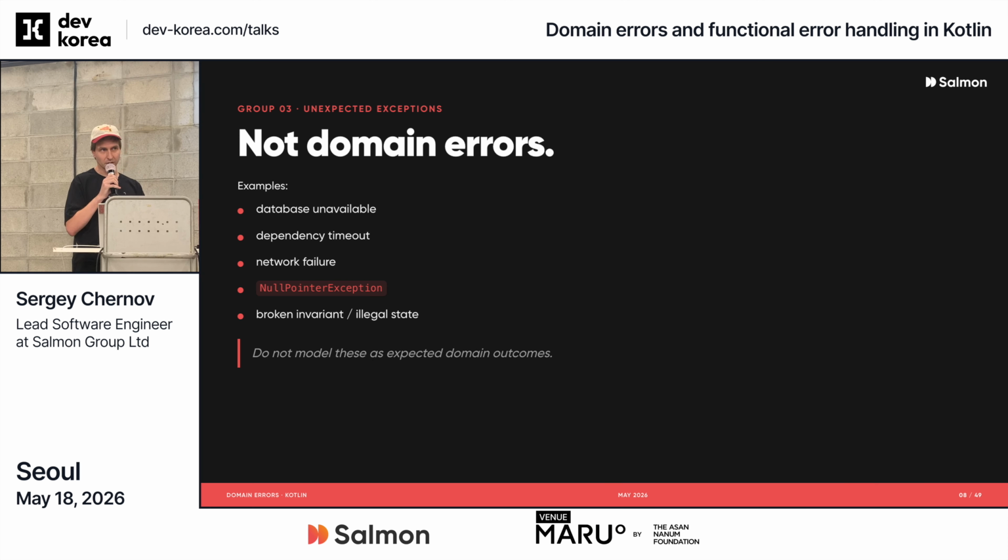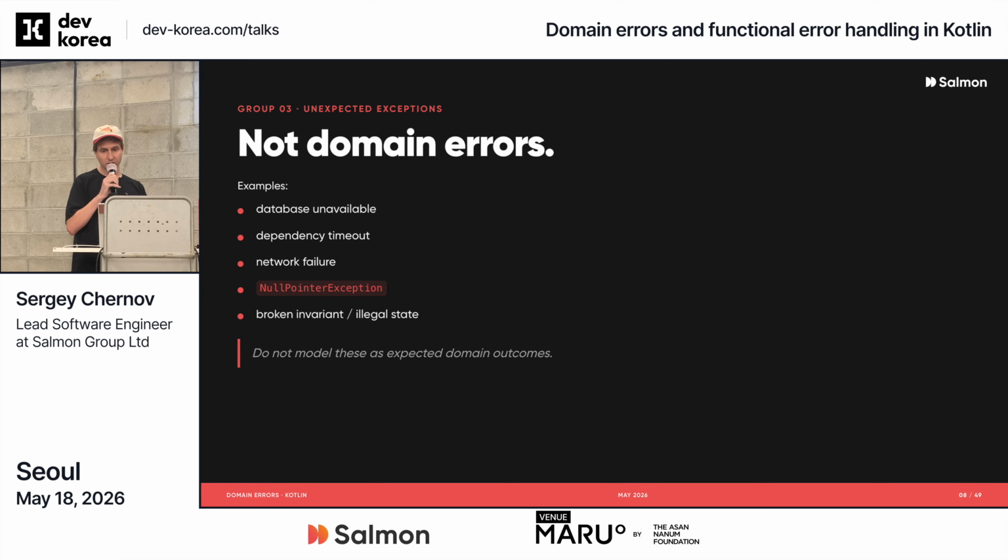And the third category, unexpected exceptions. This is what you want to represent as an internal server error in a REST API. For example, database unavailable, request timeout, network failure. Here we also put production bugs, like a null pointer exception, a broken invariant, or an illegal state.